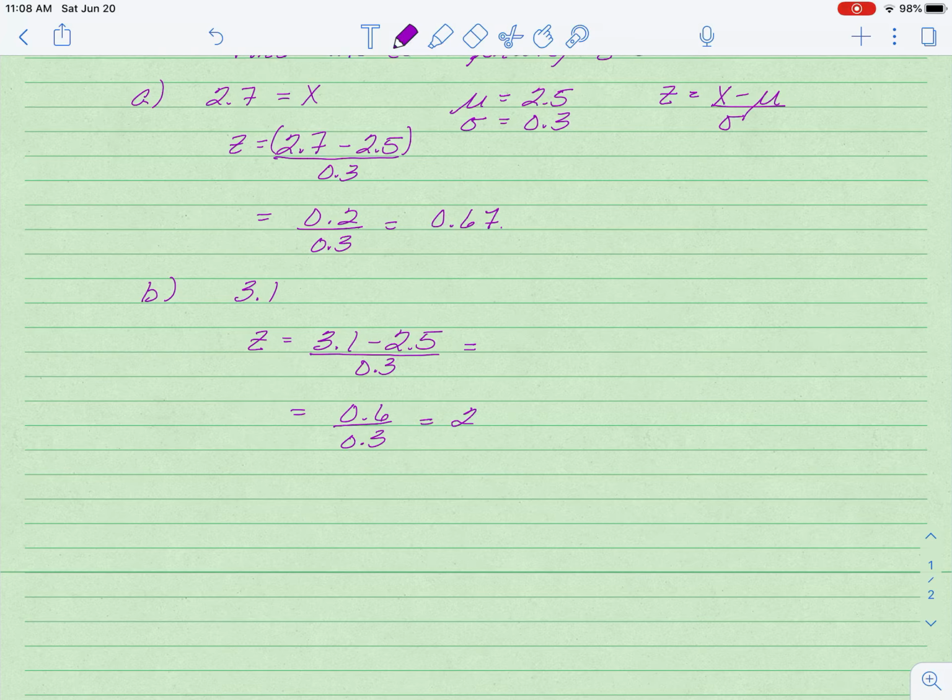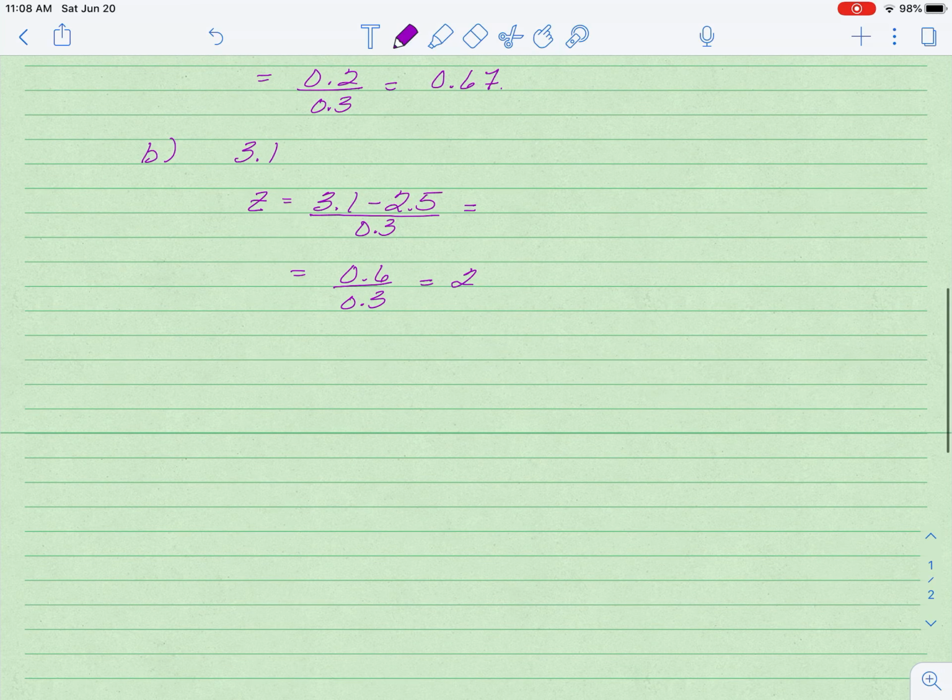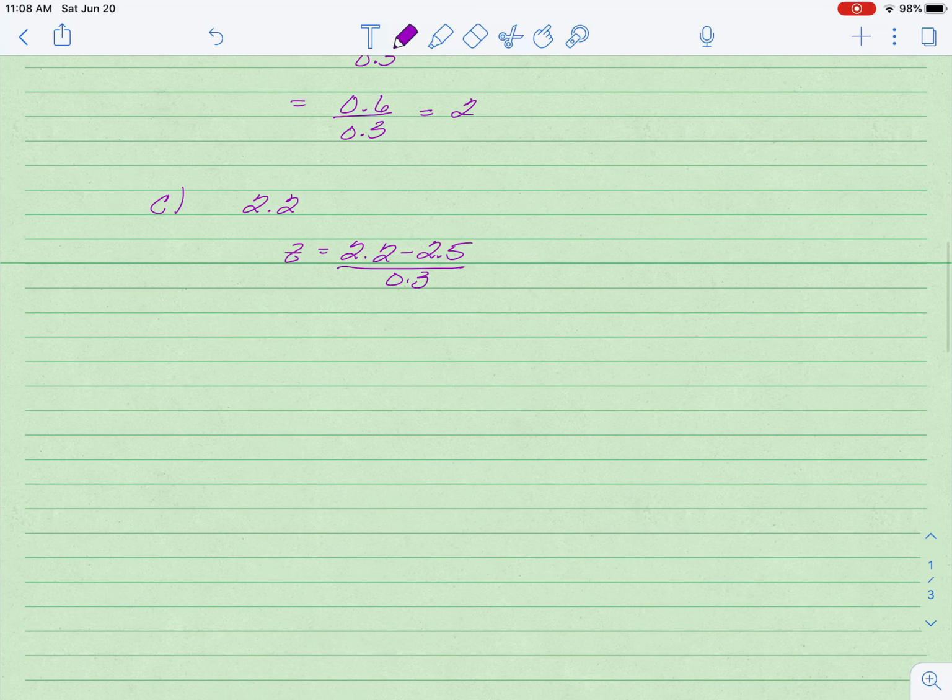So there's a z-score of 2. Let's look at another one. Let's do a value of 2.2. So z is equal to 2.2 minus 2.5 over 0.3. And 2.2 minus 2.5 is equal to negative 0.3. It's okay to have a negative value. So this is negative 1, and it has a z-score of negative 1.